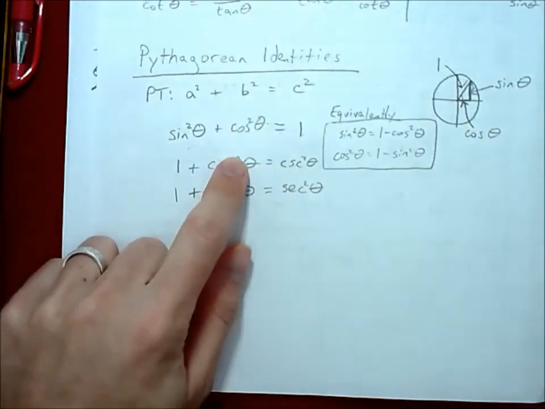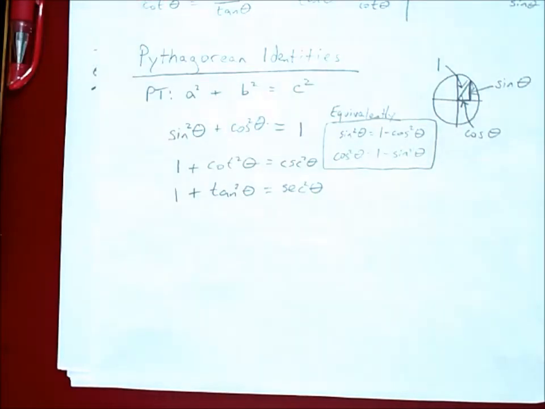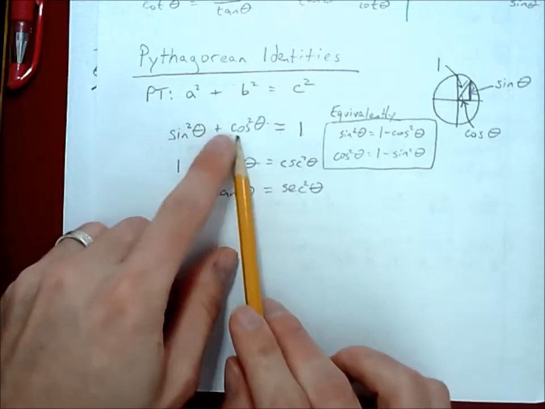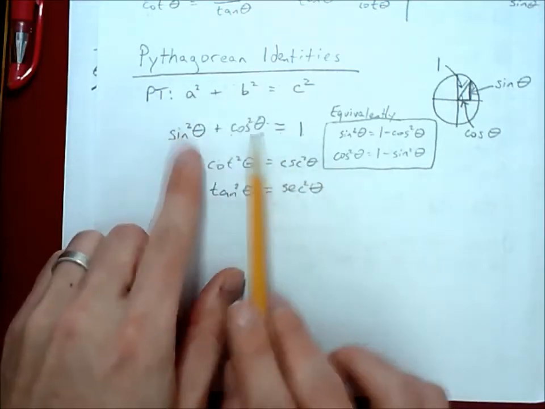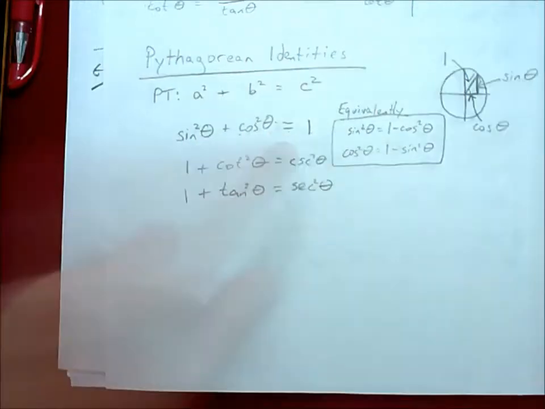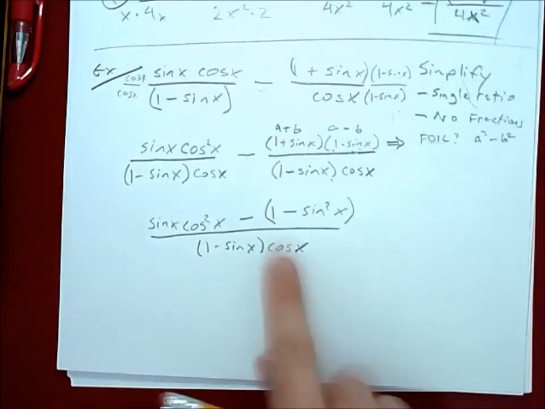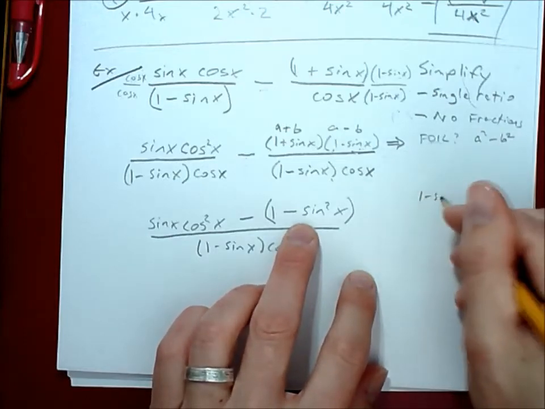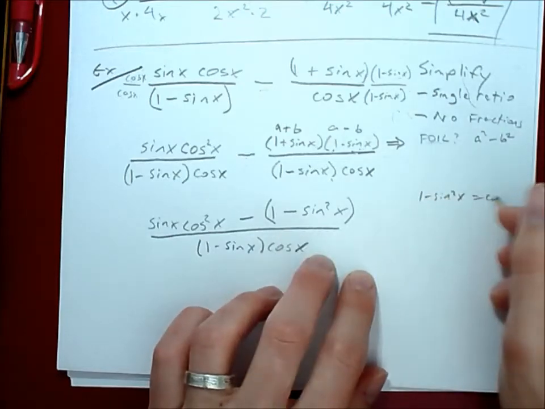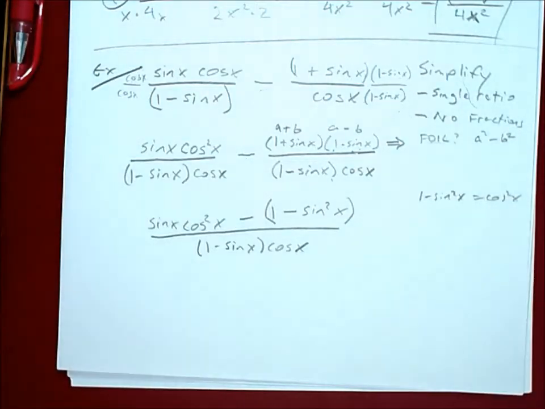This Pythagorean identity. And so if I rearrange this, like we talked about before, we said, okay, 1 minus sine squared would be the same thing as cosine squared. And so anytime you see a 1 and a sine squared or a cosine squared together with addition or subtraction, come back here, look at this identity, see if it can help you. Here it will. We said 1 minus sine of x squared would equal cosine squared, like so.